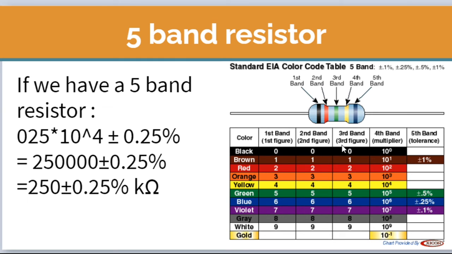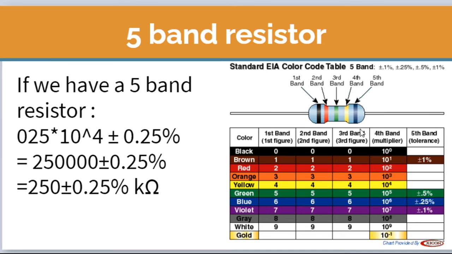Then we are going to multiply it by the fourth band. The color of the fourth band is yellow, so the value of yellow is 10 power 4. So the value of this resistor is 25 times 10 power 4 plus or minus.